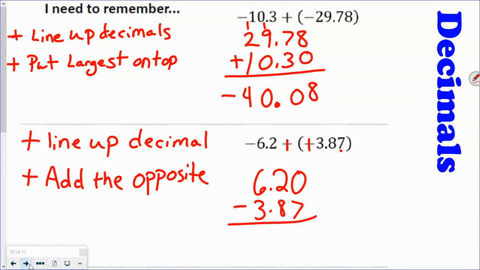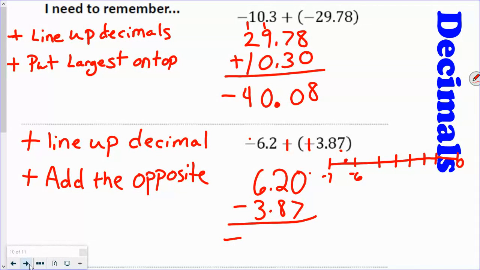Which one's a higher value? My higher value is on top, and it's a negative, so my answer is going to be a negative. If I was to model this with a number line, there's a -7 and a -6, 5, 4, 3, 2, 1, and then a 0. This is just to give you a visual.